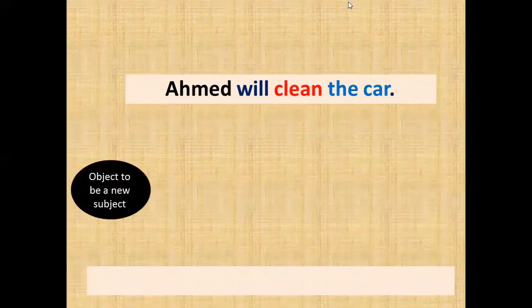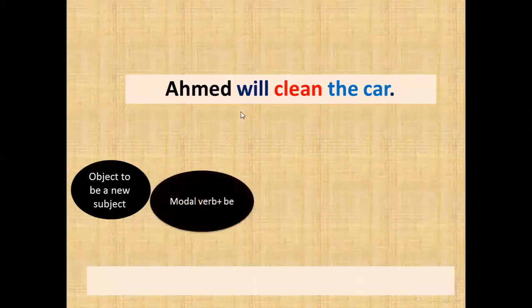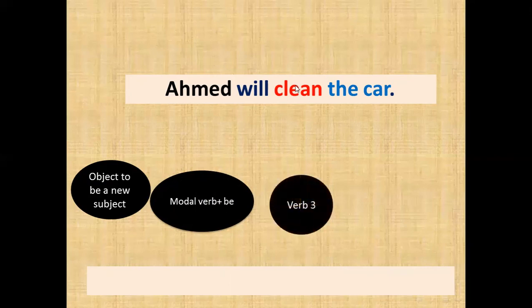Okay, first, if I want to change it into passive, I will start with the object to be a new subject. So I will start with the car. Then the modal verb. The modal verb here is will plus be. I will say the car will be. Next, clean. I will change it into the past participle, the third form. It will be cleaned.